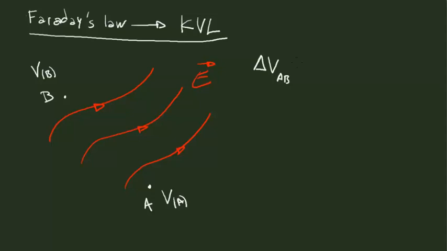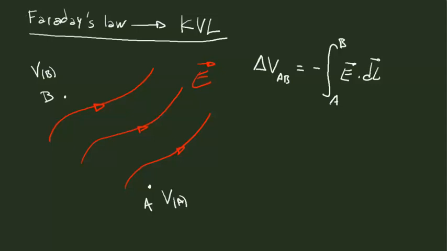So basically, to calculate this, we need to calculate minus the line integral between A and B of this electric field, following a certain path of integration.